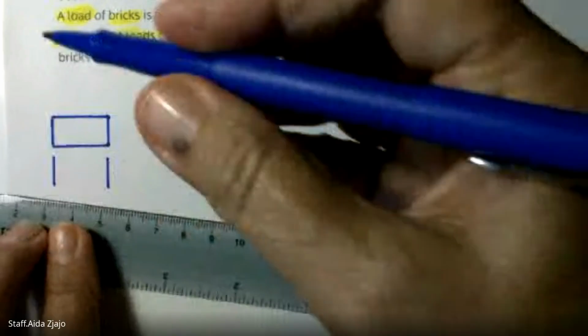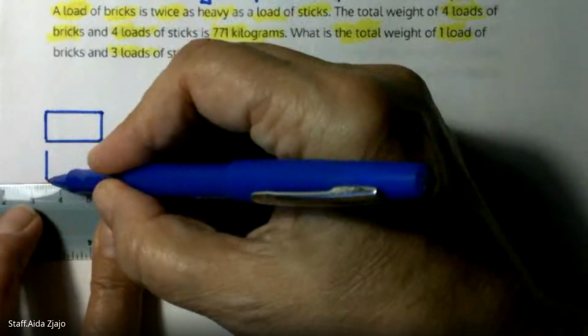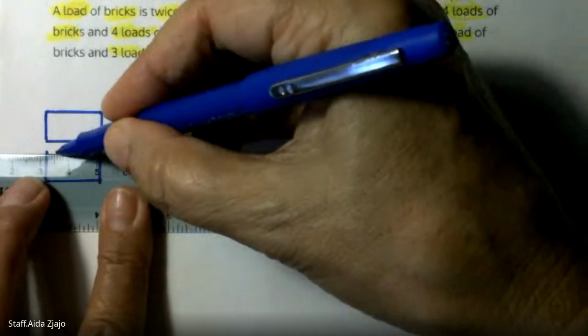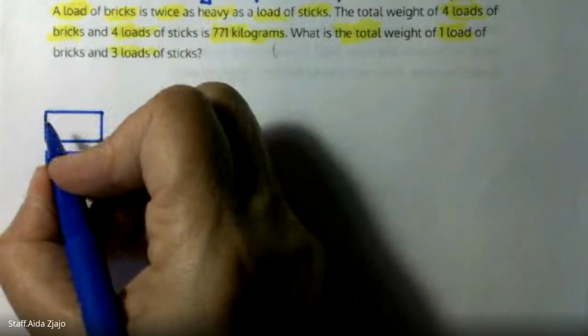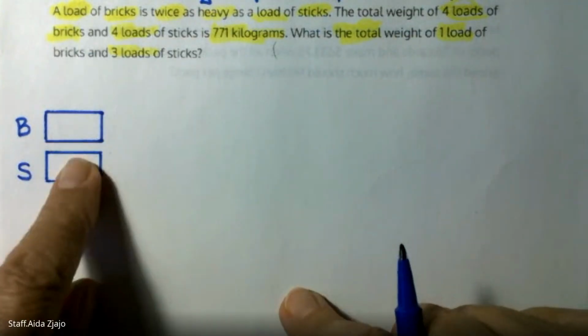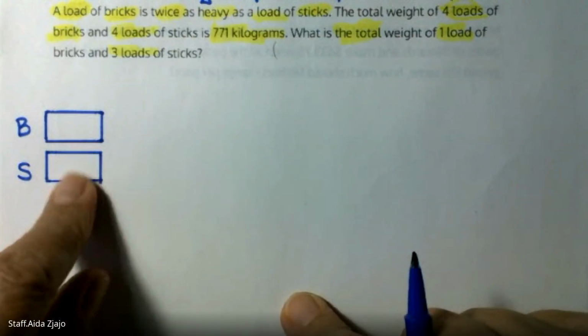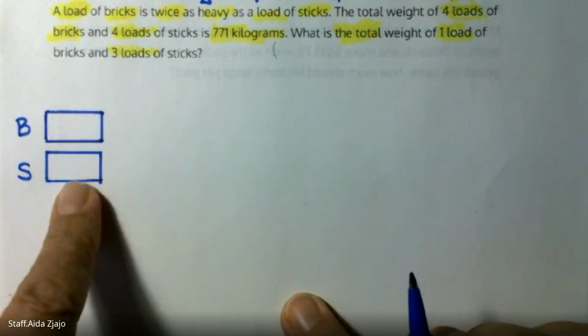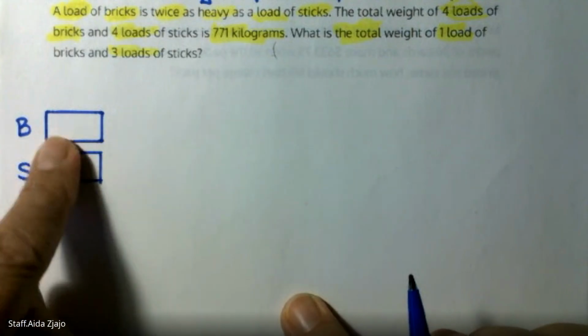So we can think this: if the loads are the same, and this is bricks and this is sticks, if the story says the load of bricks is the same as the load of sticks, then the box units will be the same, correct?